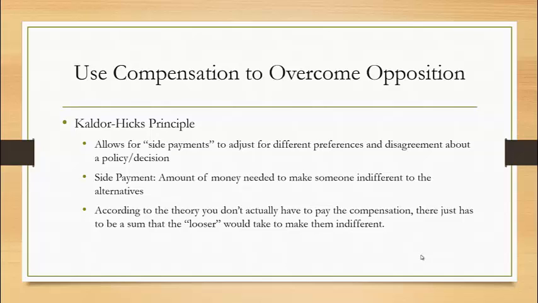Right? That's the value that they place on the benefit that they get from Facebook. But no one is ever obviously going to pay them to do that. So that's just a way to say, okay, if we were trying to make a policy where we took Facebook away, how much money would we have to pay, in theory, to get people to go along with it, right?